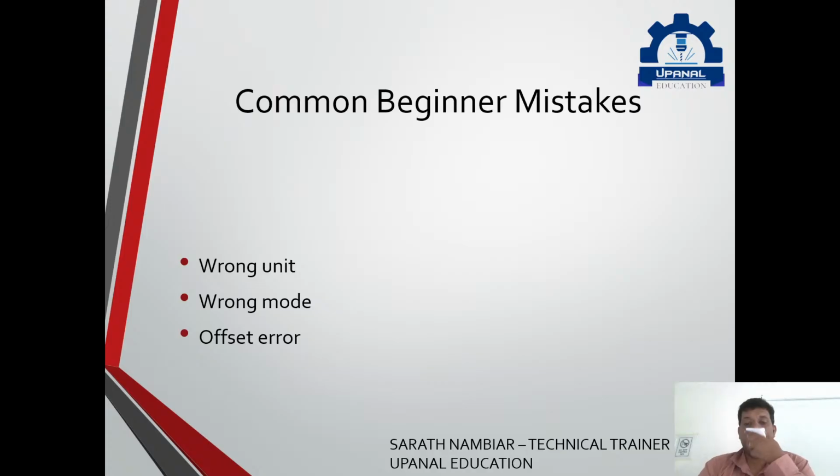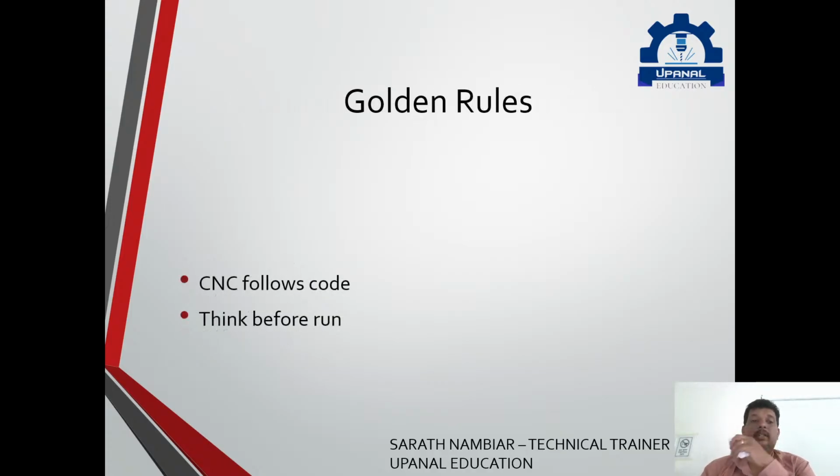Next, what are the golden rules? The main golden rules are: CNC follows only the code. What code we enter, that's the only thing the CNC is going to follow. And always think twice before you give the final start.